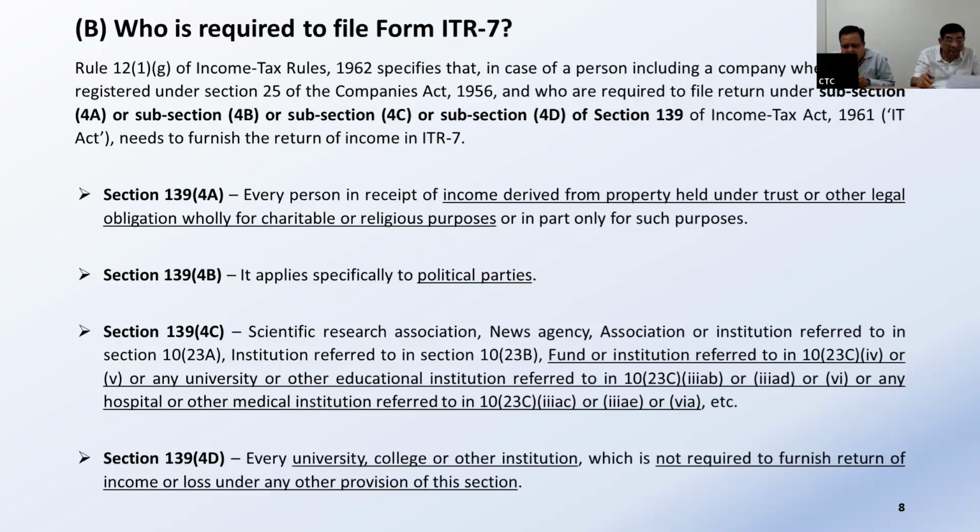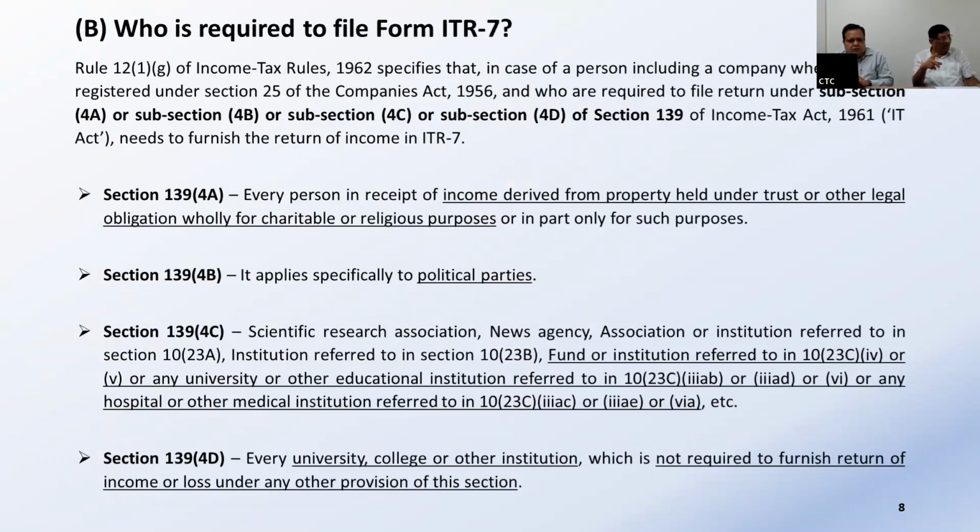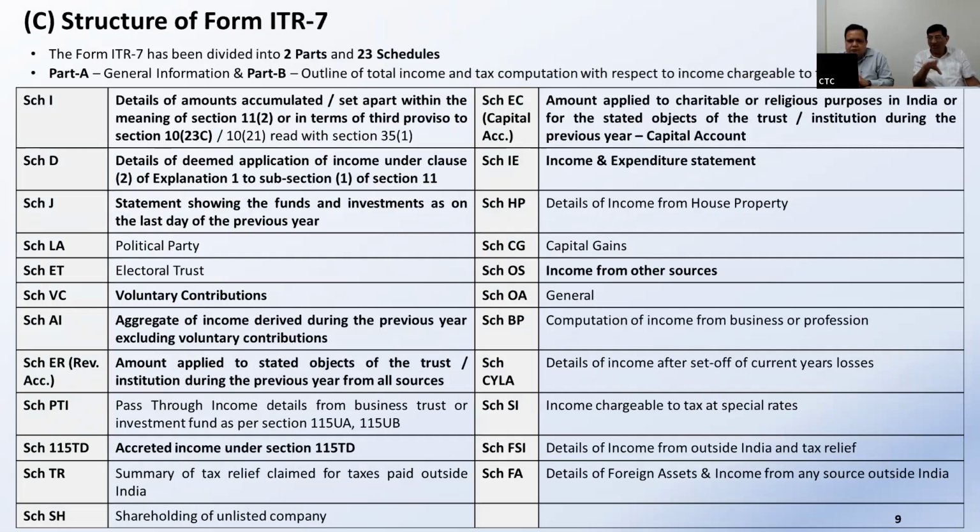And Section 139(4)(d), every university, college, or other institution which is not required to furnish return of income or loss under any other provision of this section. Scientific research organizations are covered under Section 139(4)(c). Here 139(4)(a) says if your income is more than 2.5 lakhs. If it is not chargeable, even if you are not filing for less than 2.5 lakhs, there is no requirement.